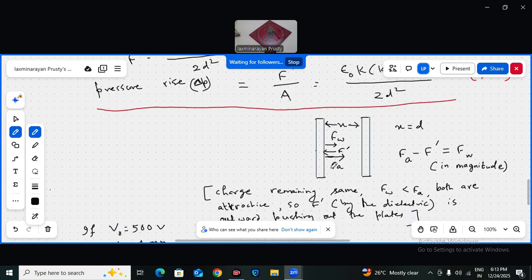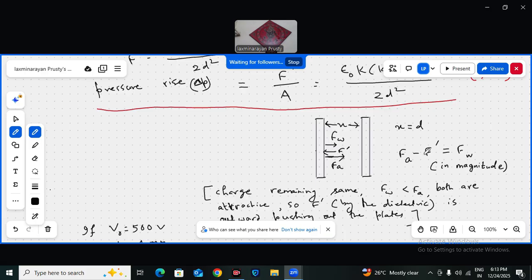I'm showing the diagram also. See the diagram. This is a small attraction force. This is the attraction force with air, Fa. Once I place it in water, this becomes Fw, a smaller one, which means the water must be pushing it out with F dash, so that the force becomes smaller from Fa to Fw.